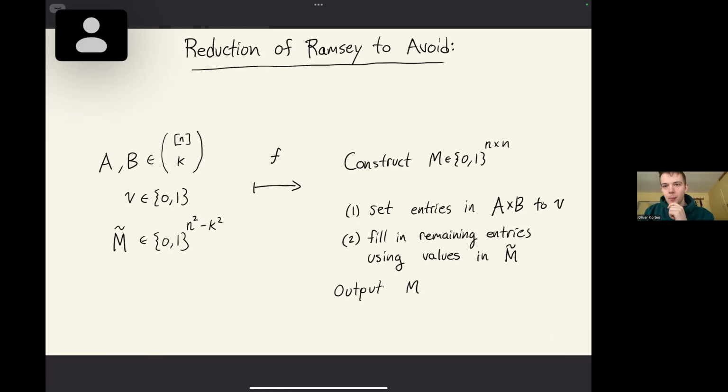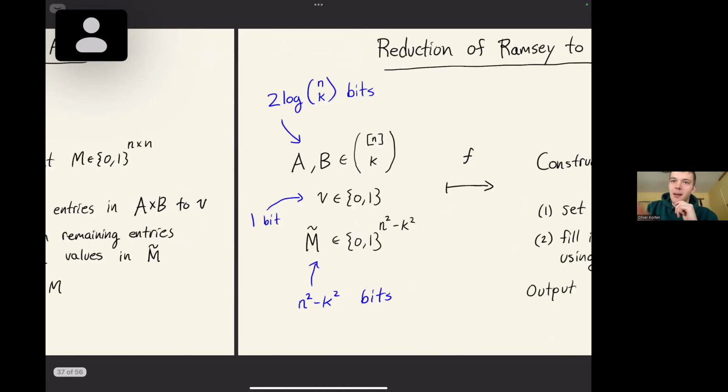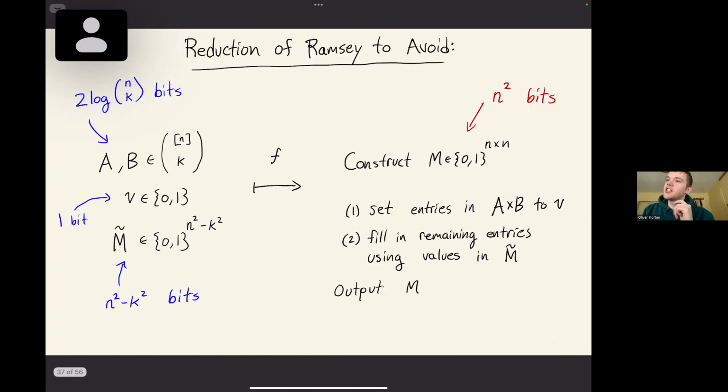And the point is, by definition, if a matrix is not Ramsey, then there exist some A, B, V, and M tilde so that this procedure reconstructs the matrix. And the number of bits of this description is smaller than the number of bits we're outputting, which is n squared.